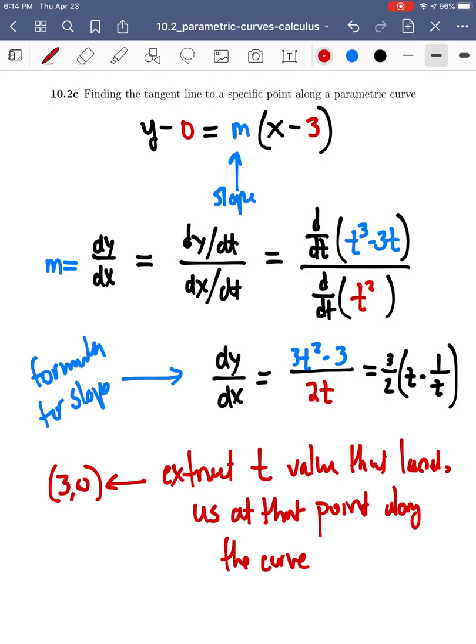So we're going to try and use what information we have from this problem to figure that out. We know that at this point on the curve, x equals 3 and y equals 0. The other information that we're given is an equation for x and an equation for y as well.